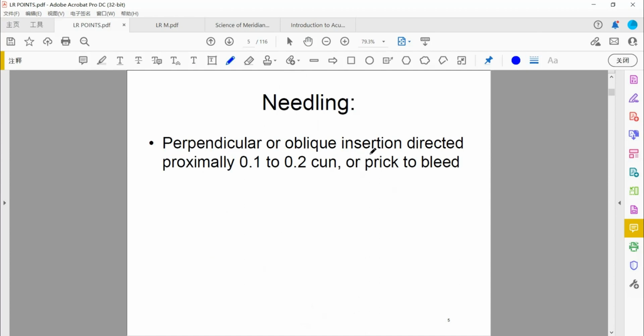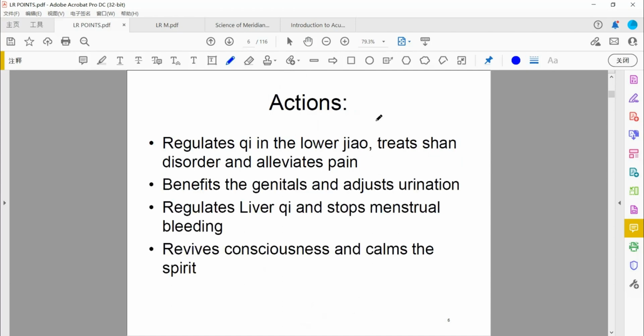Perpendicular or oblique insertion. We don't need to read this part. Actions: regulates qi in the lower jiao. Remember the liver's function, free flow of qi. In what condition do we need to regulate qi?